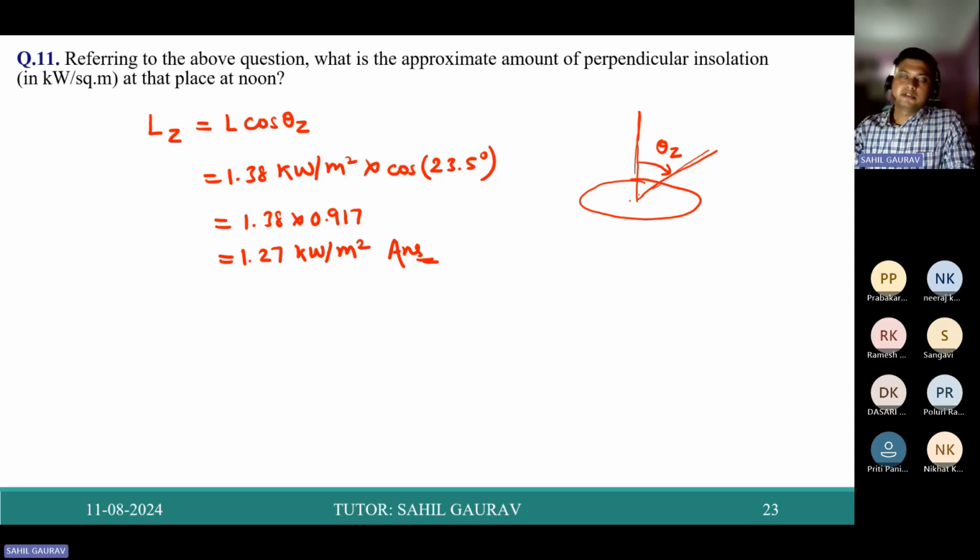What is the perpendicular insolation with respect to the extraterrestrial insolation? That is cos theta z, because this point lies on the equatorial plane. If it does not lie on the equatorial plane, then theta z will not be equal to phi. So here theta z is equal to the latitude angle, since this point is at equinox.